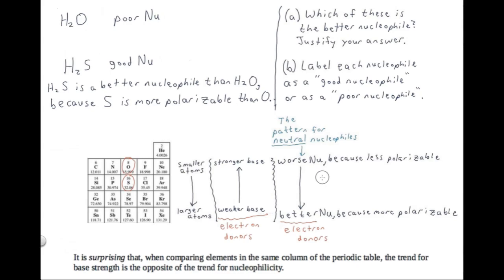We might have predicted that these would have the same trend, but it's simply an experimental fact that the trend for base strength is the opposite of the trend for nucleophile ability when we're comparing elements from the same column, and we just need to memorize that experimental fact.